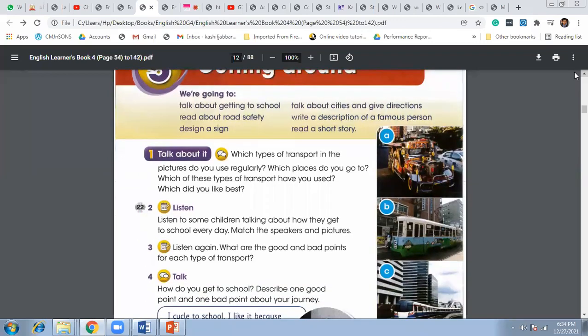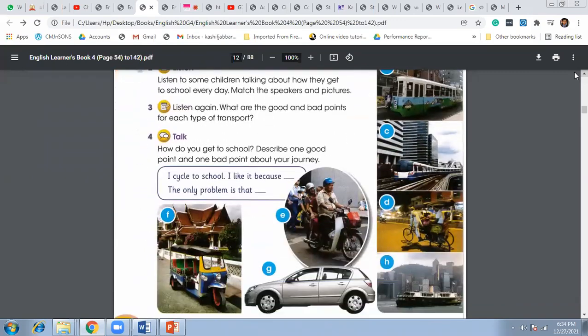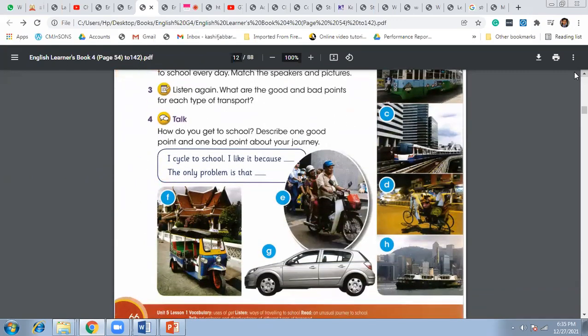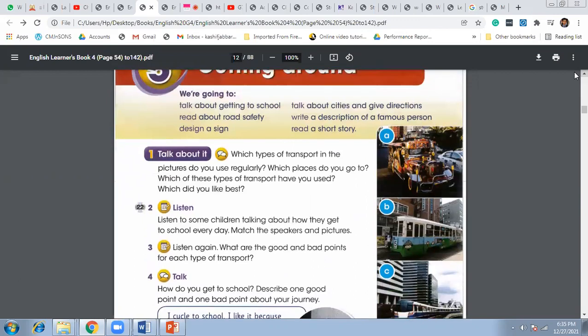In this first lesson, we are going to talk about which types of transport in the pictures you use regularly. You see pictures A, B, C, D, E, F, G, H, right? These are all different methods of transportation. Transport means that you go from one place to another place, using any method.